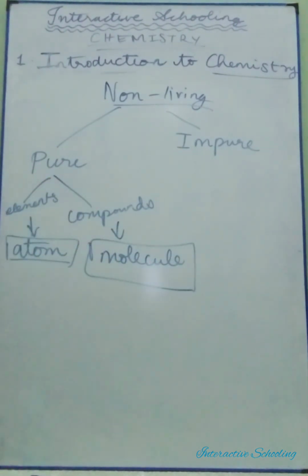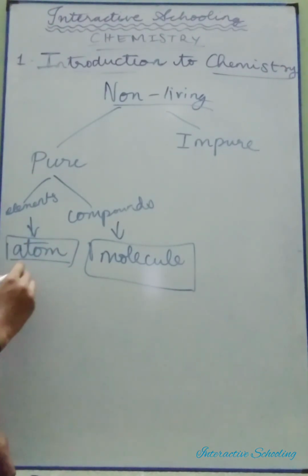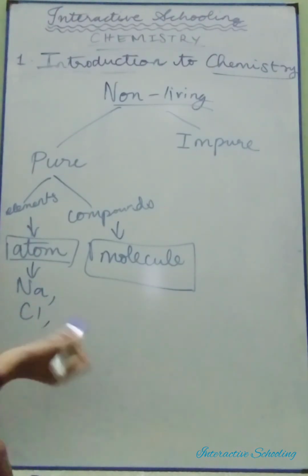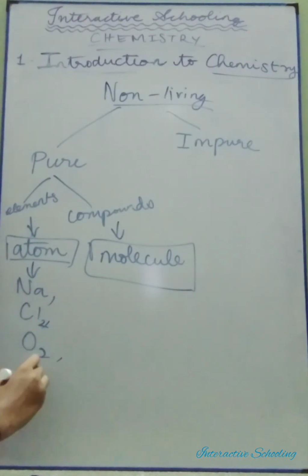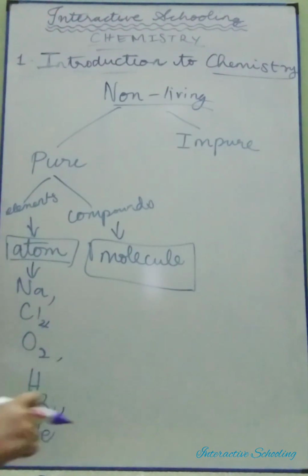A compound is made up of two or more elements. So what are some examples of elements? Sodium, chlorine, oxygen, hydrogen, helium. All of these are examples of elements.